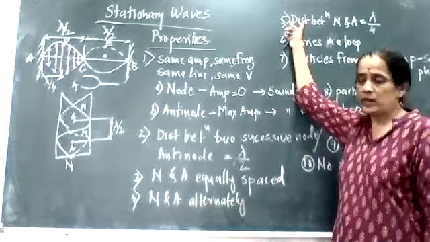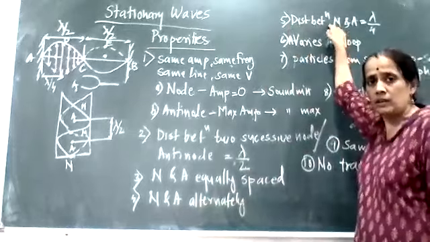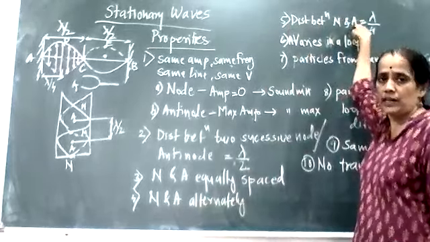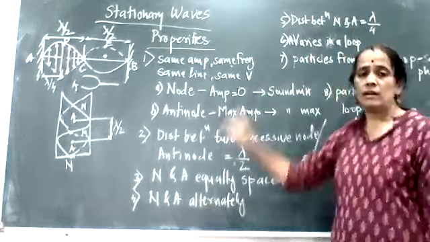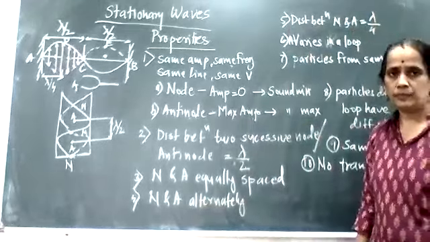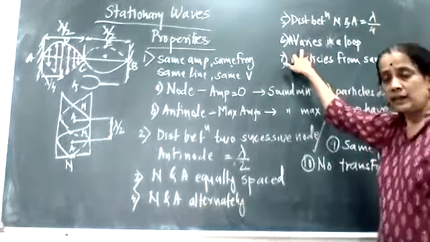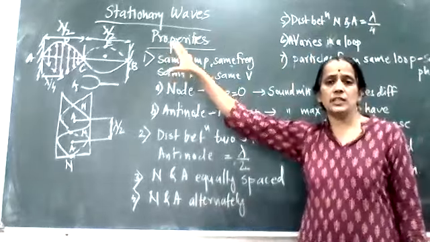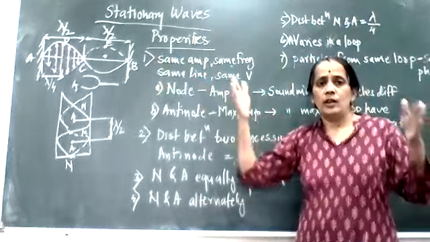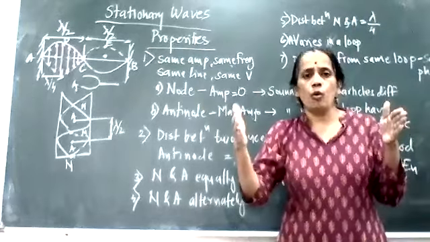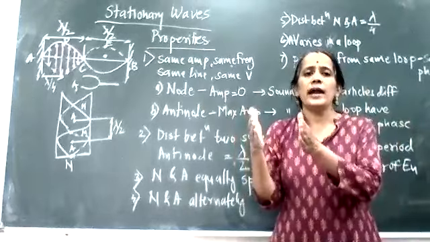Then fifth property, the distance between a node and the consecutive antinode is lambda by 4. Then if I concentrate inside the loop, the end points are nodes and the center point is an antinode.